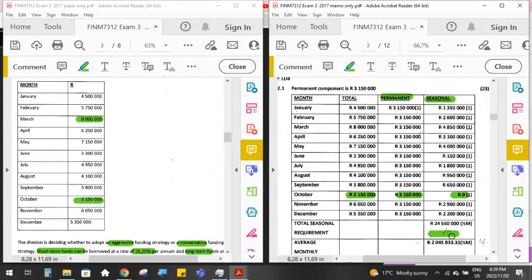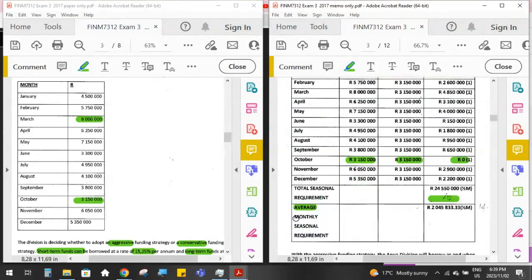That's important, so remember that. Add up all the months and divide it by 12 to get our average monthly seasonal requirement. So on average, we need an extra 2.045 million every month over and above our 3 million.